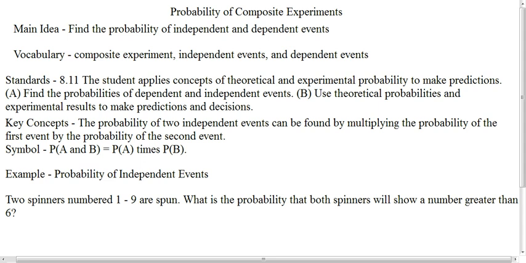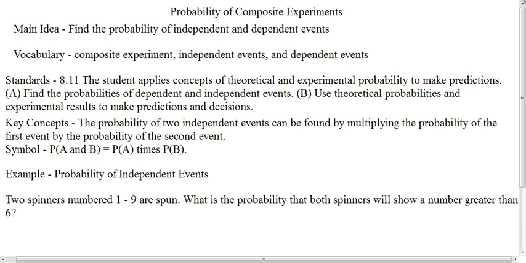So our probability will be the actual number of times compared to the total number of times. In our example below, it tells us that 2 spinners numbered between 1 and 9 are spun, and our chore is to determine the probability that both spinners will show a number greater than 6.